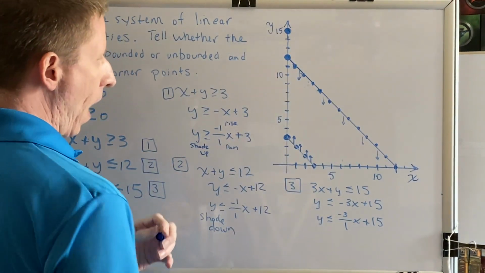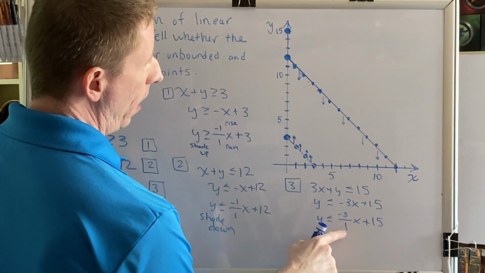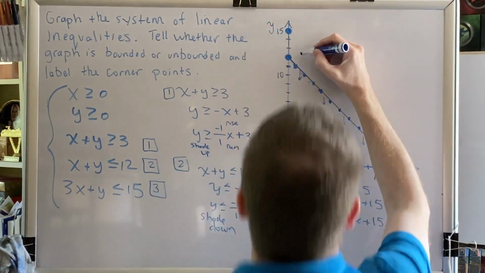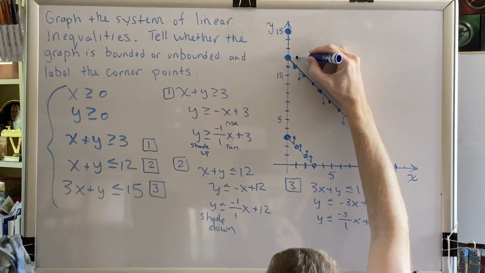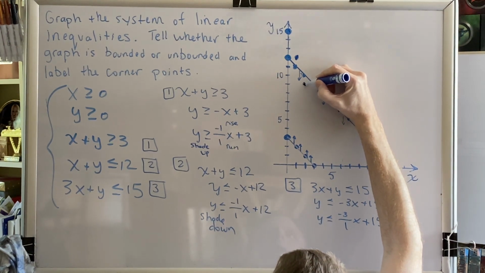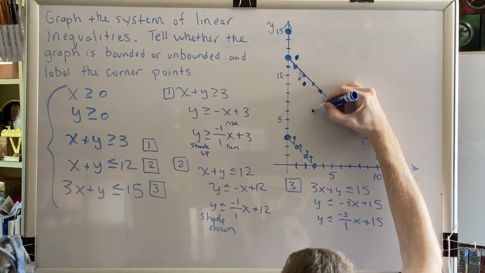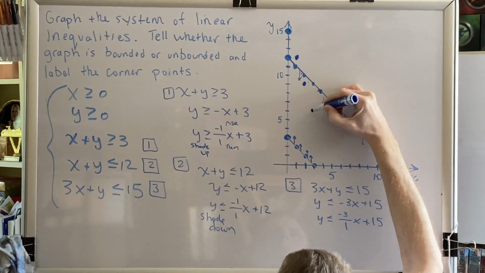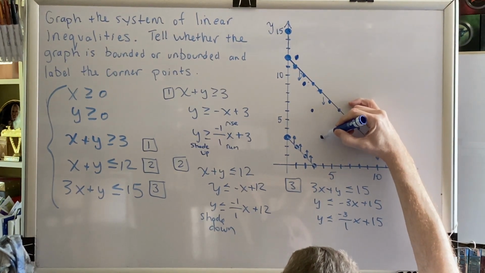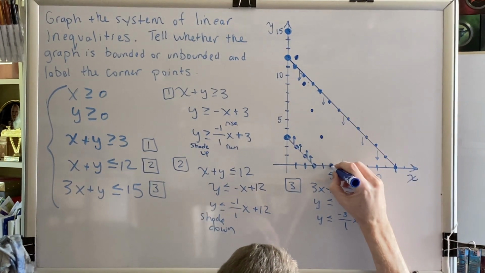Okay, from that y-intercept, we want to go rise negative 3, which is down 3, and then run 1 to the right. So down 3 and 1 to the right would put a point here. Repeating this, we keep going down 3 and 1 to the right, until we reach our x-intercept of 5.